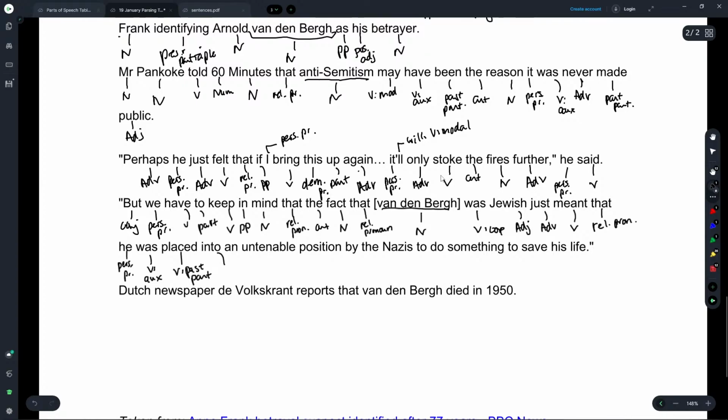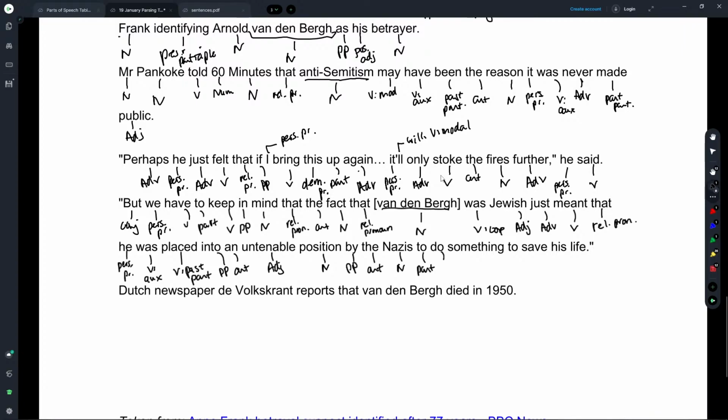Into, preposition. Un, article. Untenable, adjective. Position, noun. By, preposition. The, article. And of course the Nazis again. Noun. To, do, in this case a particle, because do says something.